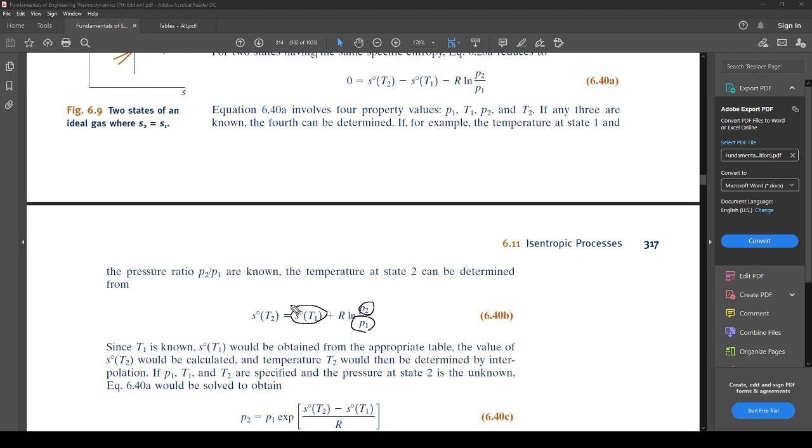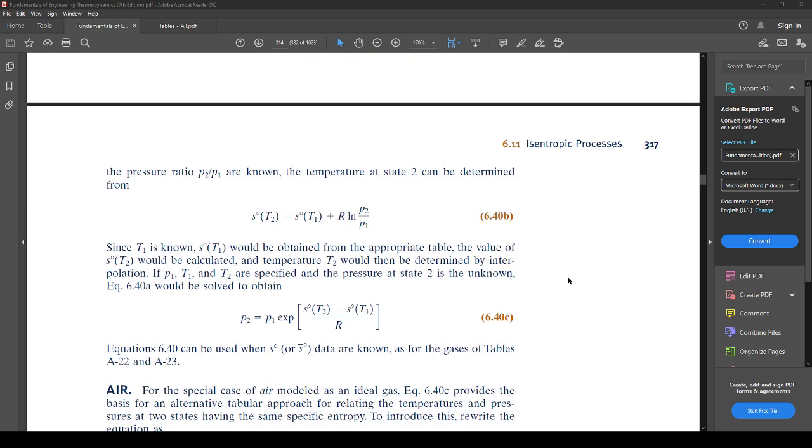That means you can have all of these values, and by knowing them you would get a value of absolute entropy. Because absolute entropy is only reliant on T2, you could look this entropy up on the air tables and correspond it to a temperature. So that is what they're saying here.